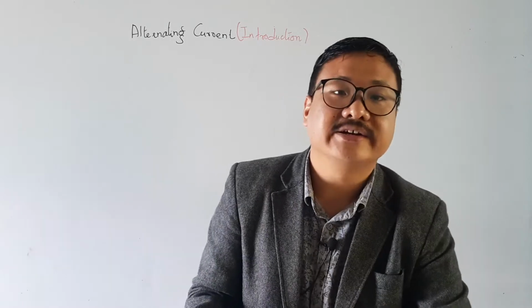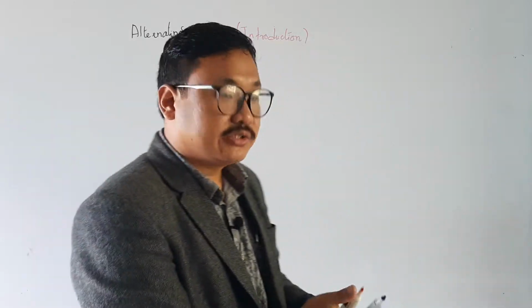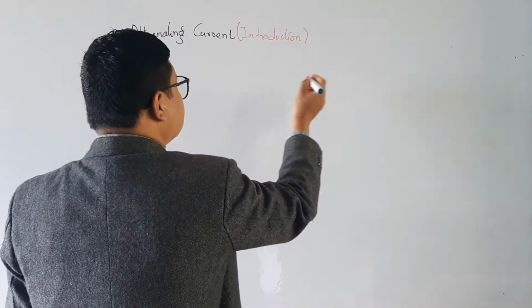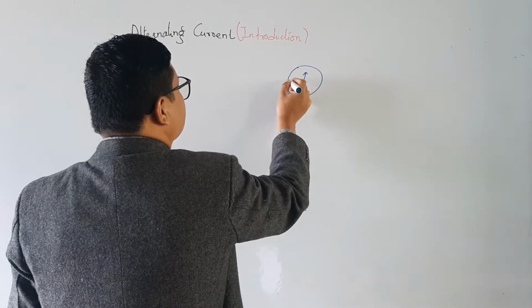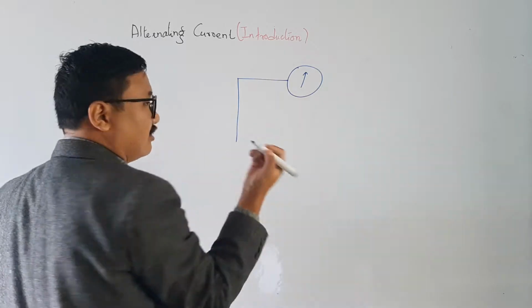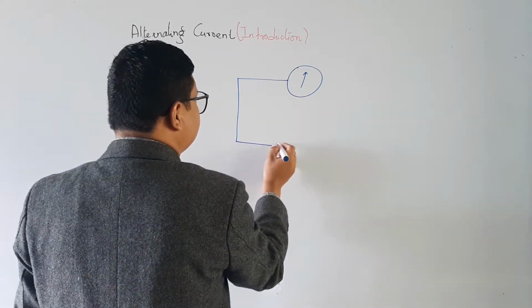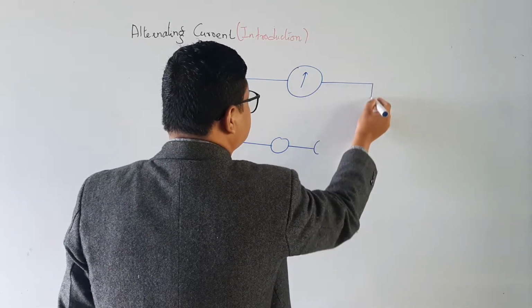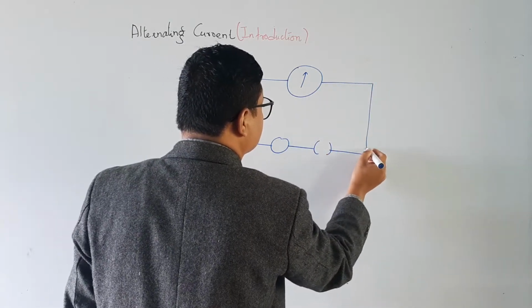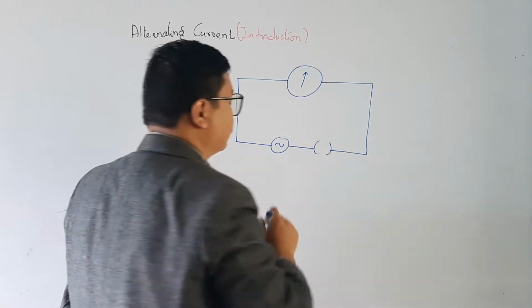This is simply the introduction of the chapter. To start with, let us consider a galvanometer here, which measures the voltage or currents, and let us have an AC source and a key like this. So this is my AC source.